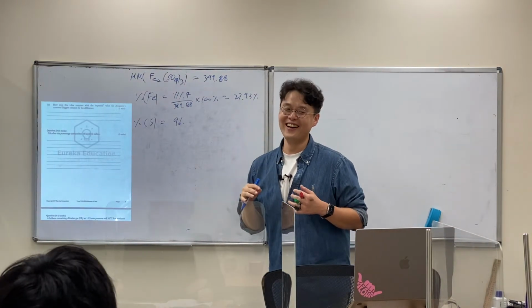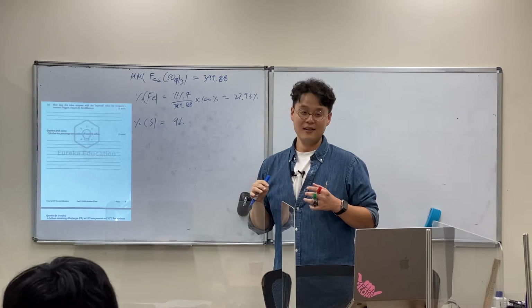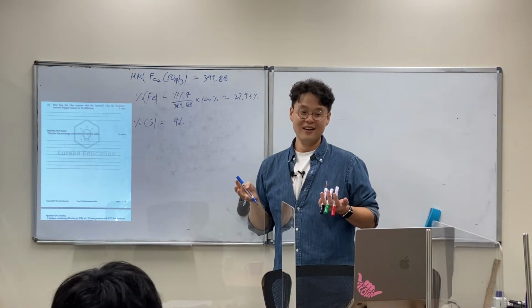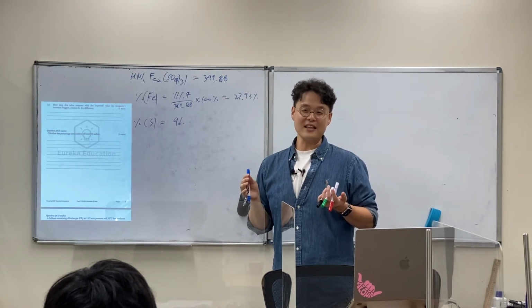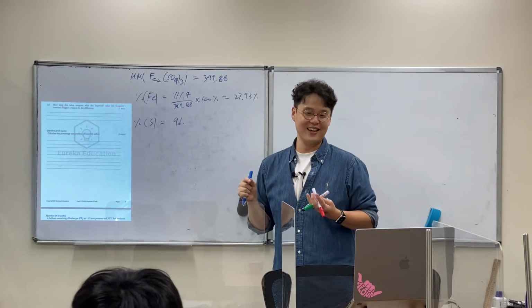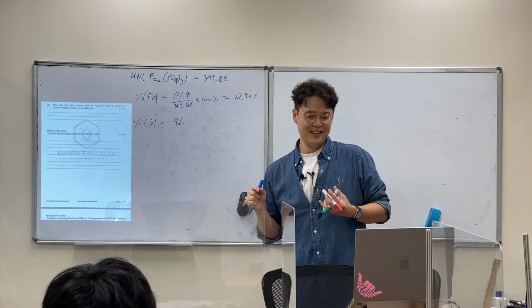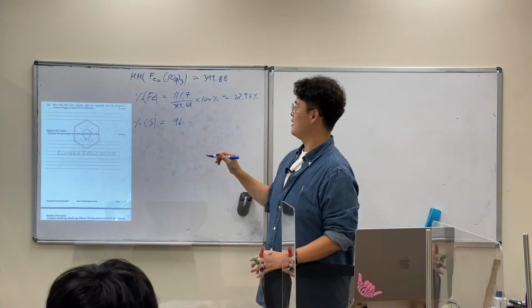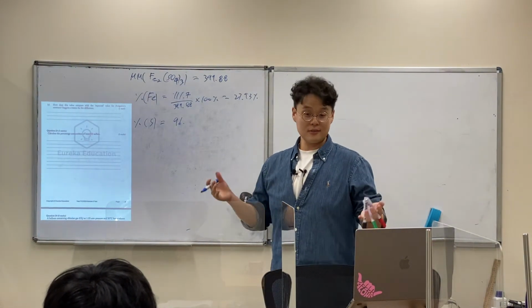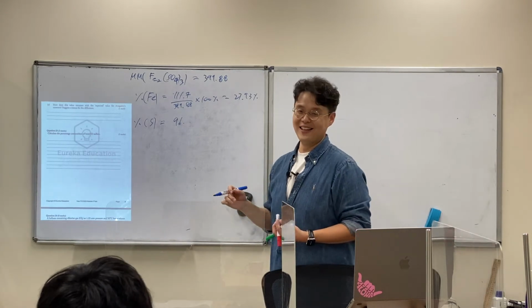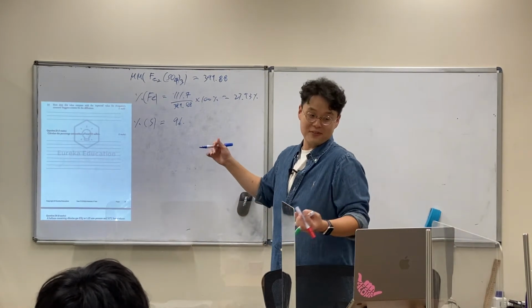I wrote everything so accurately as well. And you didn't write a single percentage in your answer. I could just give you 0 for that. That's not fair. There we go, you got 1 mark for that.